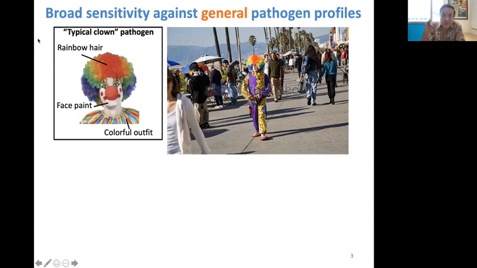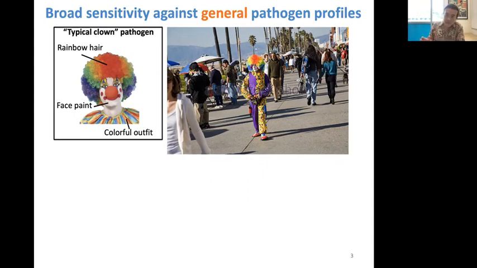So when you look at this picture of sort of your typical clown pathogen, right, this is what I like to think of. There are certain generic features of this clown that I think all of you automatically recognize as, oh yeah, that's a clown, right? There's the crazy rainbow hair, there's the face paint, there's the colorful outfit, right? So all of these things immediately are things that a generic kind of clown would present.